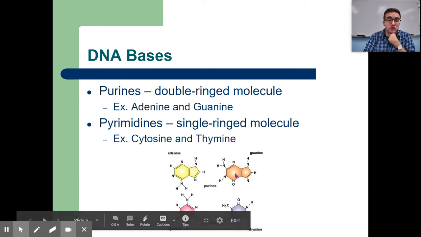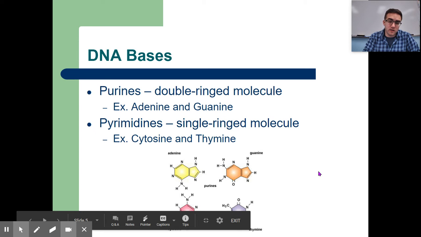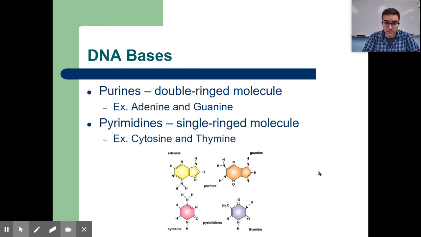They both have two rings for their nitrogen base, so we call them purines. Cytosine and thymine, on the other hand, only have one ring. They're single ringed, so we call those pyrimidines. So adenine and guanine are purines because they're double ringed, and cytosine and thymine are pyrimidines because they have one ring.